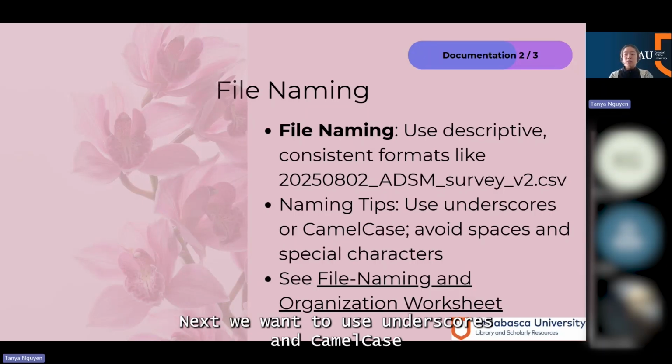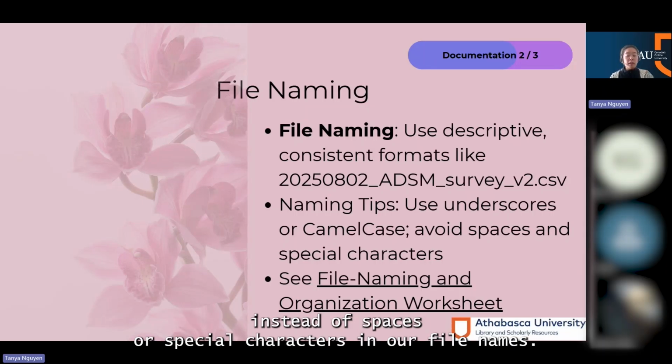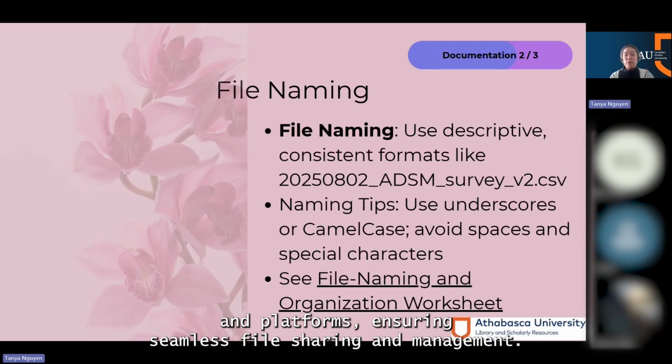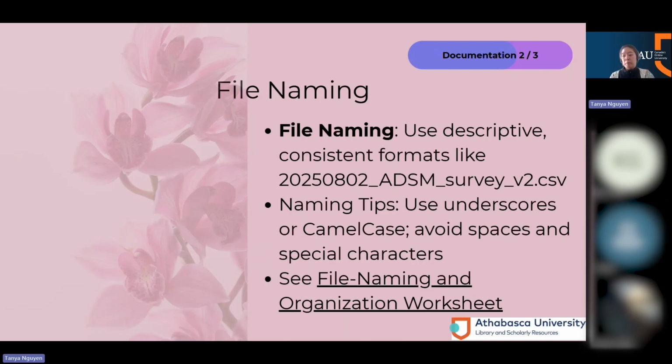Next, we want to use underscores and camel case instead of spaces or special characters in our file names. This practice enhances compatibility across different software and platforms, ensuring seamless file sharing and management. Lastly, I encourage you to check out the file naming and organization worksheet.